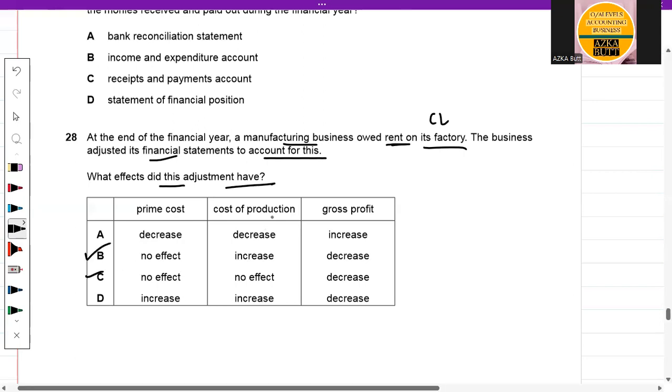Cost of production would increase. Why? Because first of all you have to prepare the manufacturing account.